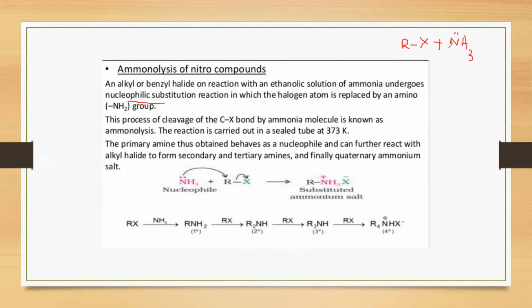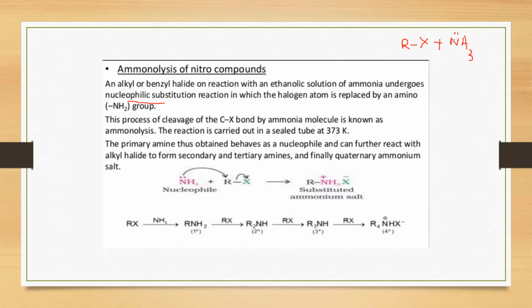That is why we call it a nucleophile, nucleus loving. Nucleus has which charge? Positive charge. So a species which loves positive charge will have excess electrons, either as a negative charge or as an unused pair of electrons. So in ammonia, the nitrogen atom has a lone pair of electrons, so it is a nucleophile because it has excess electrons. It is in need of a positive charge, so it is nucleophilic.